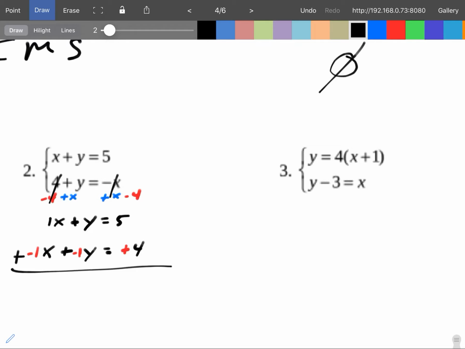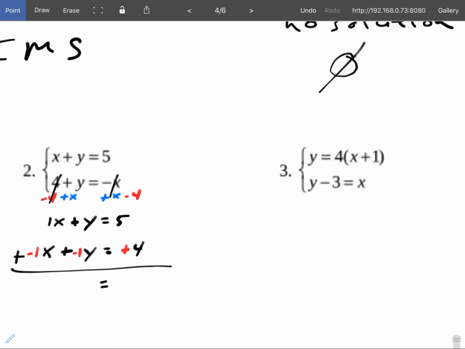What do you get on the left-hand side, guys? Somebody unmute and tell me, what do you get on the left-hand side? Remember? 0. Yeah, 0. If you add the x's together, they cancel out.